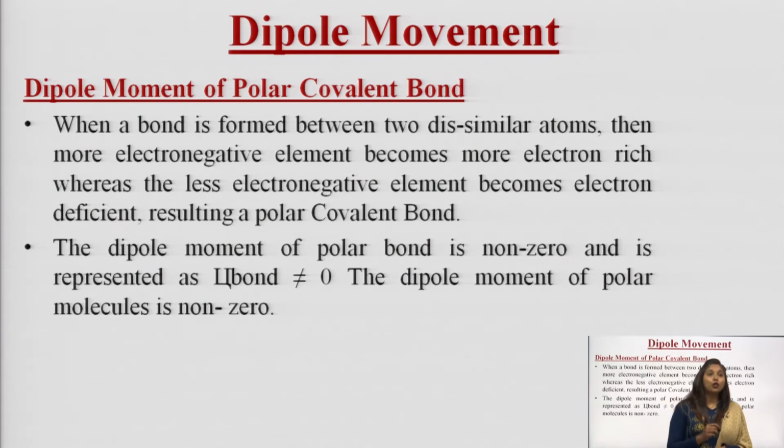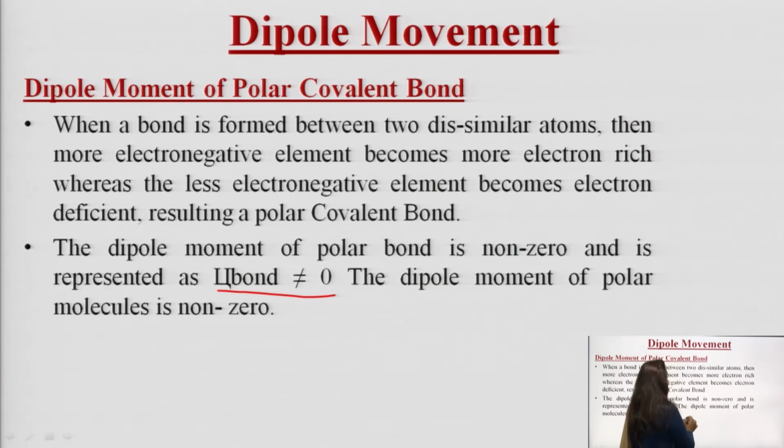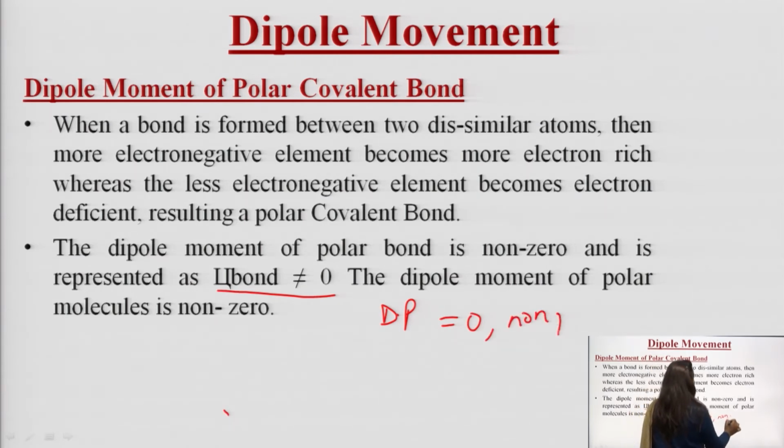When it comes to a polar covalent bond, when your mu is not equal to 0, यही मैंने आपको स्टार्टिंग में ही बताया कि if the dipole moment of a compound is equal to 0, then that compound is non-polar.